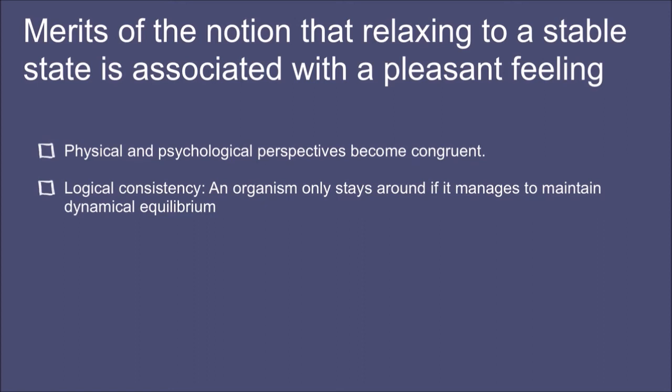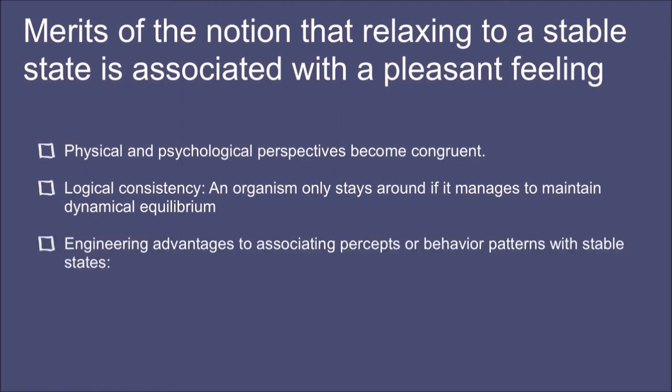And there's, of course, also logical consistency. An organism that has pleasure in doing things that destabilize it will not be around for very long. And there are also engineering advantages to mapping patterns, or positive learning results, to stable states.